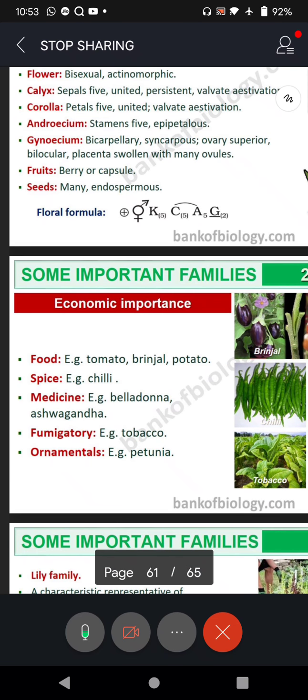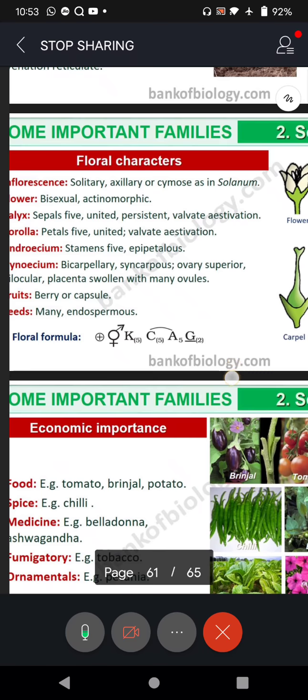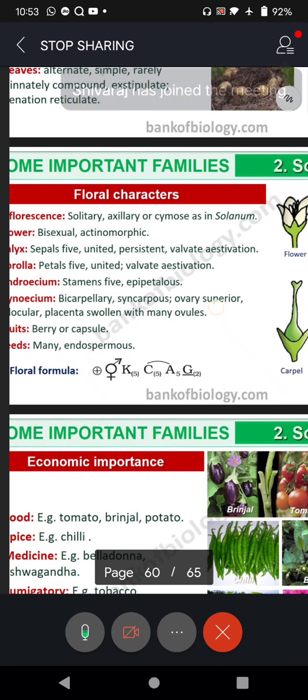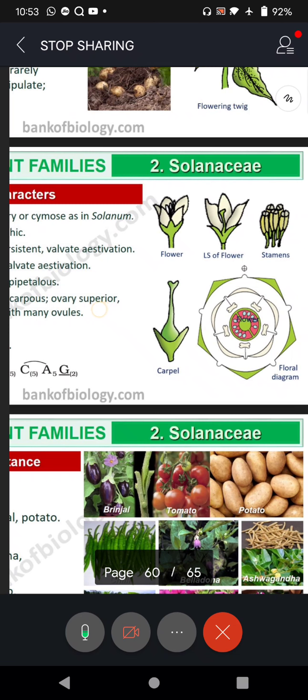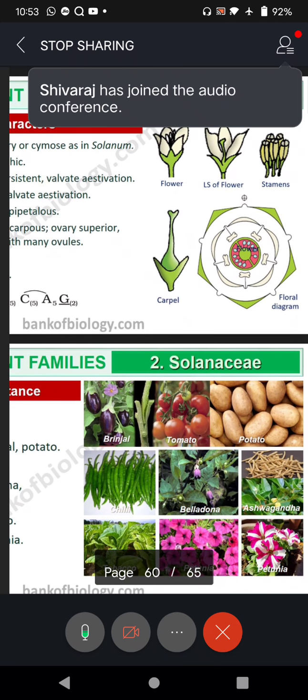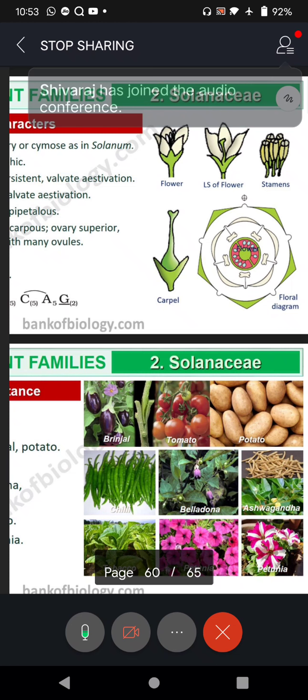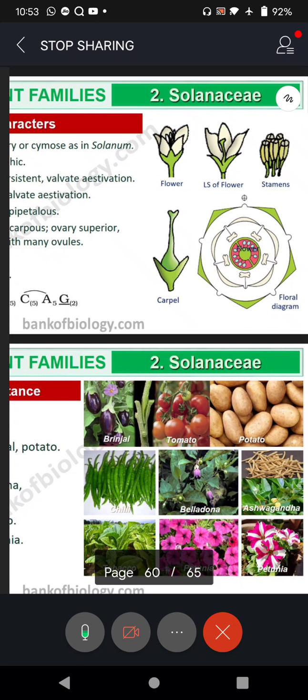See, the same floral formula can be represented in the form of a diagram like this. Look at that. So basically, when you come to lab practicals, you pick up a flower. I think I will be giving you a brinjal flower, and cut that with the help of a blade. LS means longitudinal section.